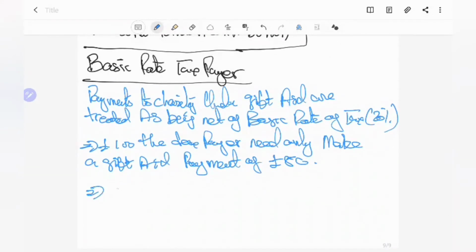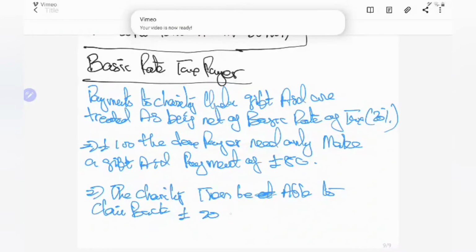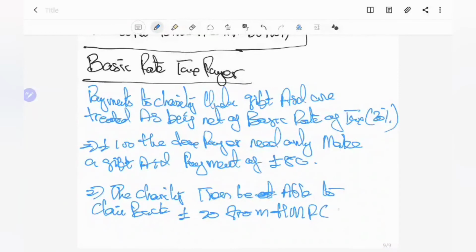The charity will then be able to claim back £20 from HMRC from the taxpayer's income.